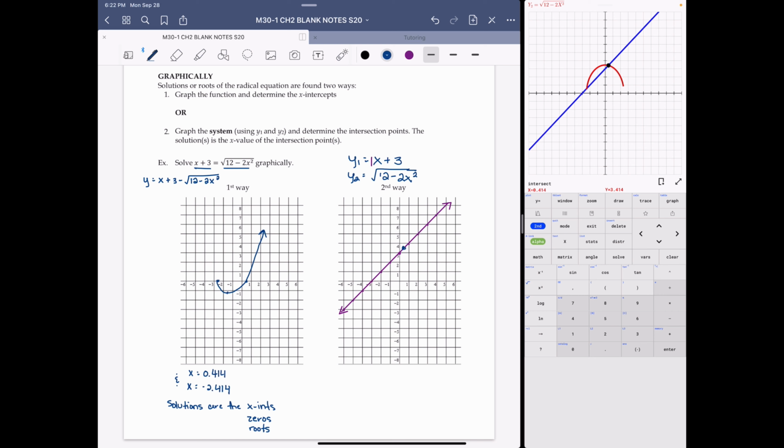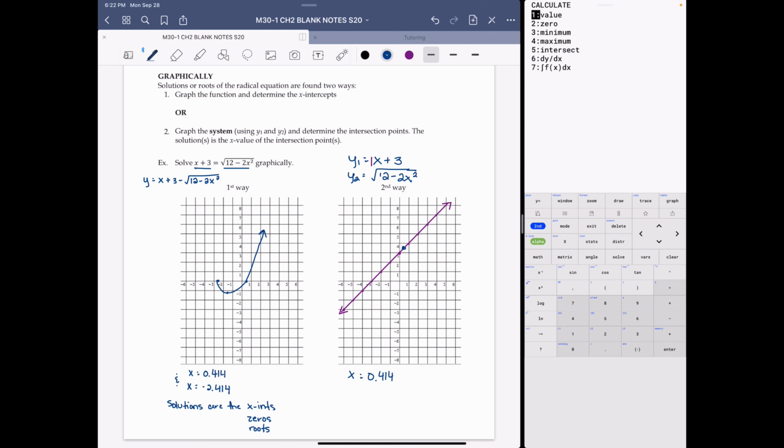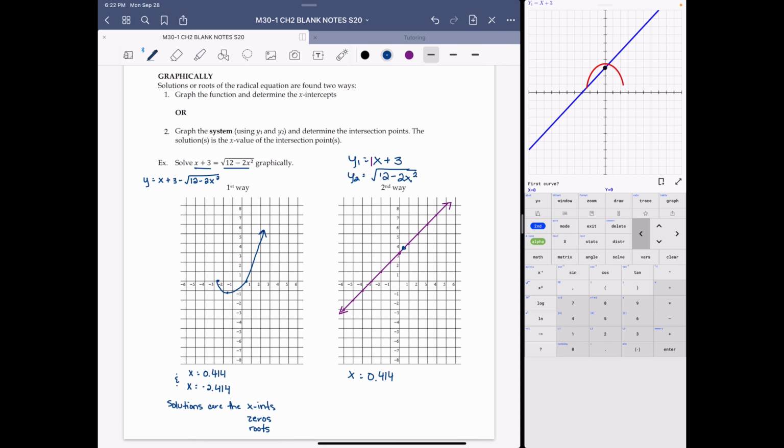Then we'll write that down, x equals 0.414. And then second trace number 5. We want to move our little dot closer to the intersection point we want now. Enter. It's going to jump to the next graph. Again, move it closer. Enter, enter.